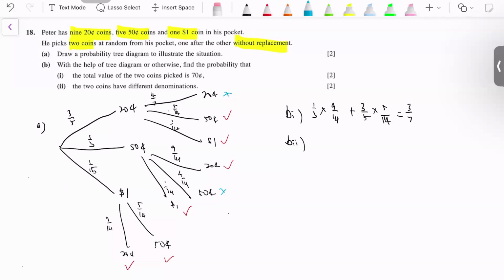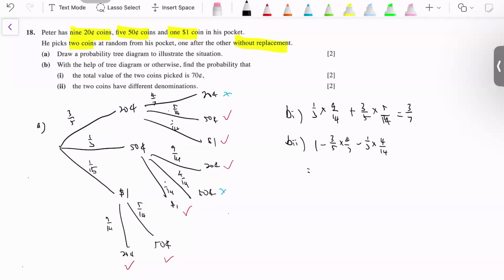And since it's that case, we take the shorter route, which is minusing off the 2 that would not work. So we use 1 minus the probability of those 2 happening. So 1 minus the probability of both being 20 cent, which is 3/5 times 4/7, and minus both being 50 cent, which is 1/3 times 4/14.